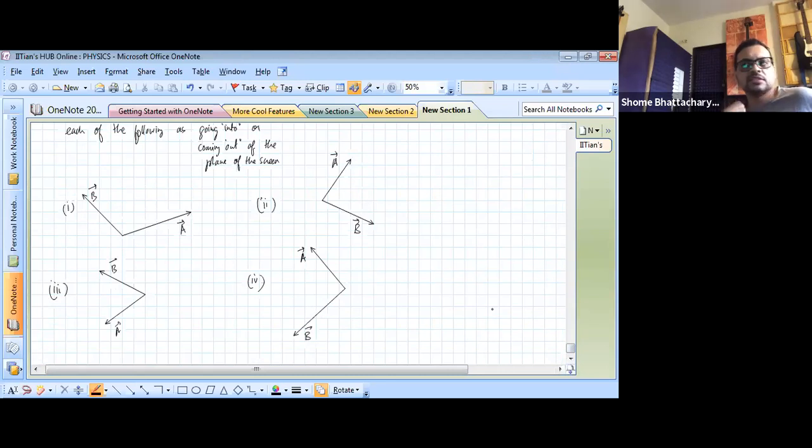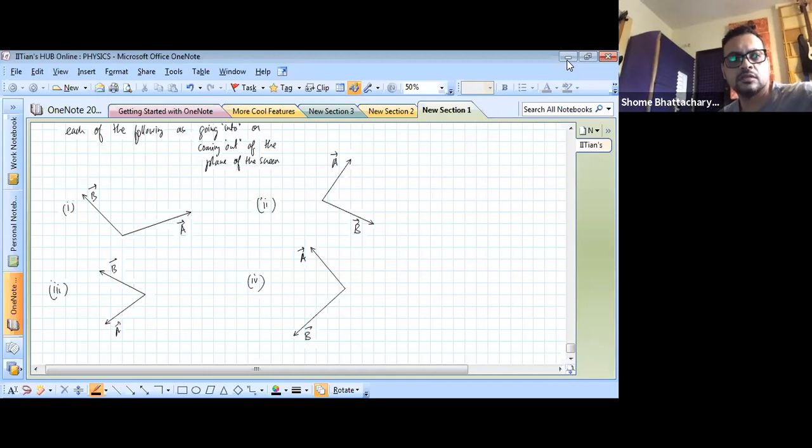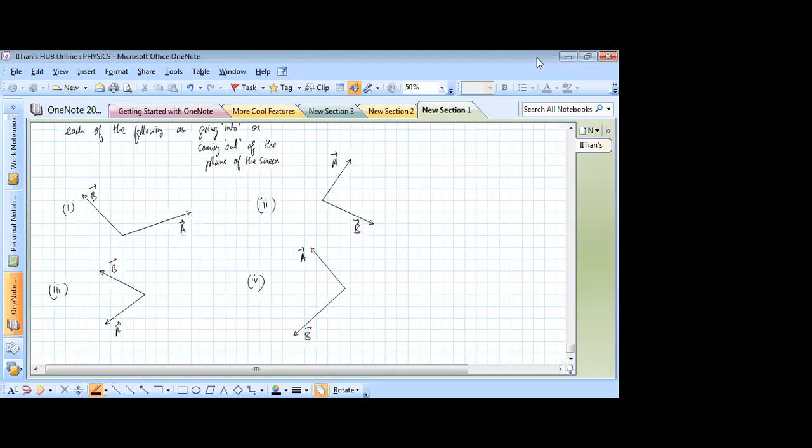Just try this out and send me the answers, people. In each one of them, part 1, part 2, part 3, and part 4, you have to tell me it's coming out or going in. Yeah, Anshu, correct for the first one. Varin, correct. All 4 correct, Varin. Shikhar, correct. Rudra, correct. Okay.